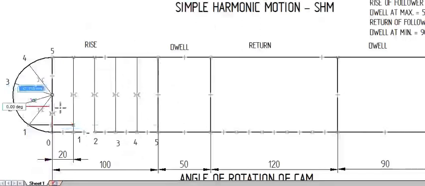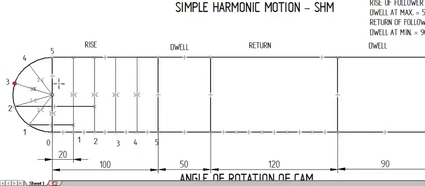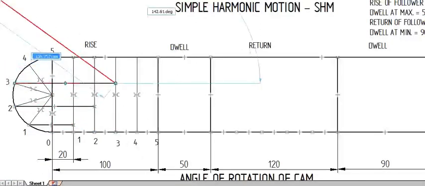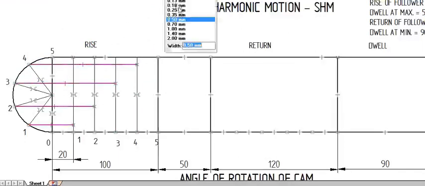From 2, meeting the vertical line of 2. From 3, meeting the vertical line of 3. From 4, meeting the vertical line of 4. 5 is already there. I am showing these also as thin lines.